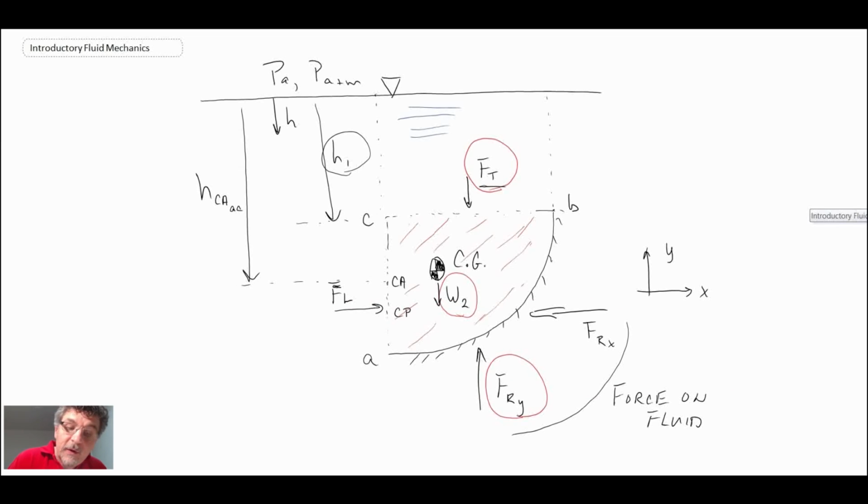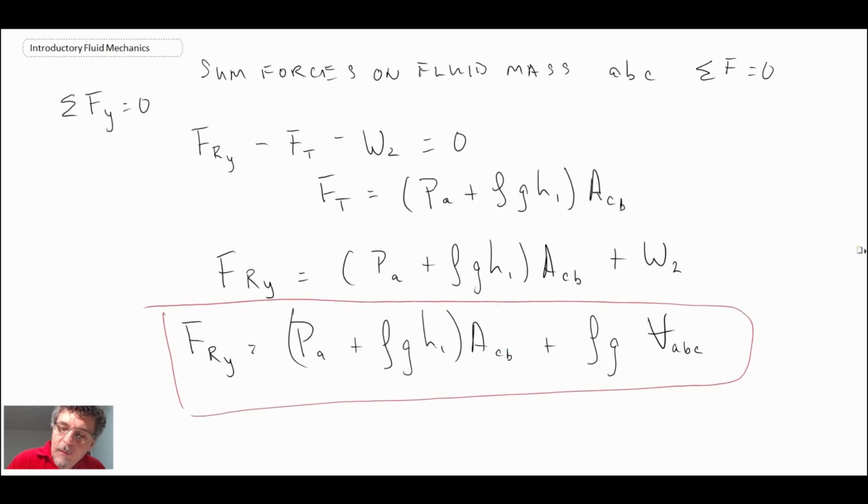Now let's take a look at the force in the x direction. The forces involved here are the hydrostatic force at the center of pressure, as well as the reaction force.